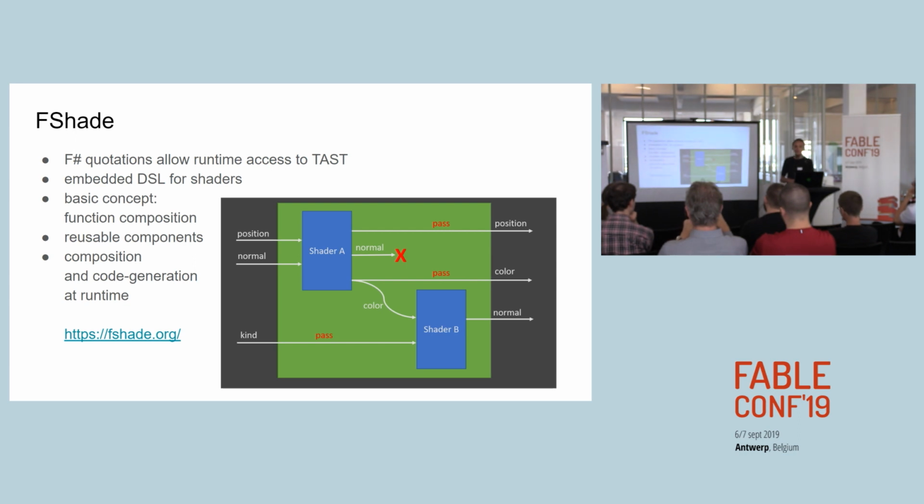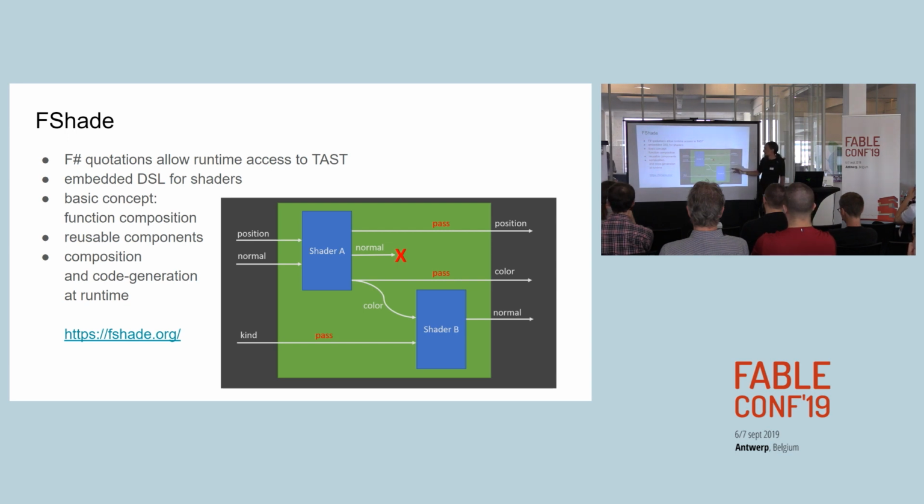One of the main differences to regular function composition is that shaders typically take a lot of inputs and produce a lot of potential outputs. For example, you have a position of your triangle vertex, and a shader that transforms the position into the appropriate space, but it may also transform the normal, or you also have different kinds of output that need to be passed to other shaders.